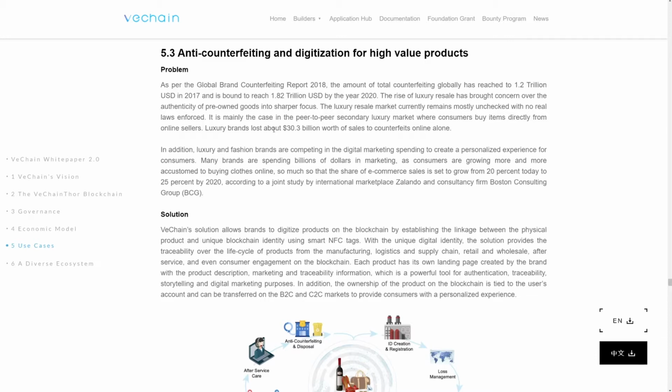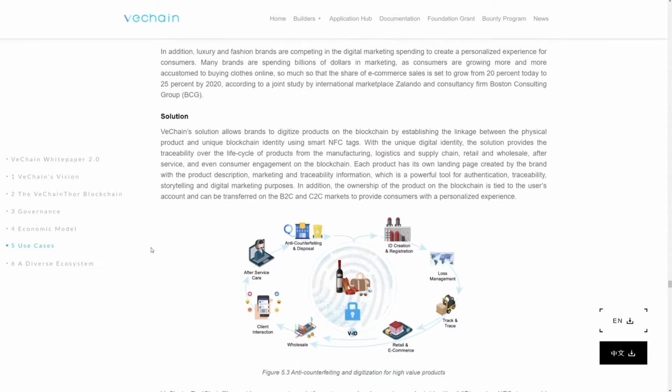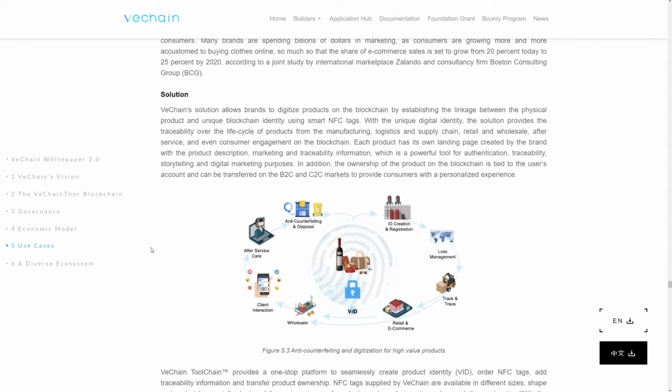And again, they are aiming to allow brands to digitize products on the blockchain by using, for example, smart NFC tags in their products. So if you buy something like very expensive clothes or some Yeezys or any luxury products, then they could have these NFC tags which you just scan and find on the blockchain if they are signed by the official brand, therefore making it undeniably verified as the official product.